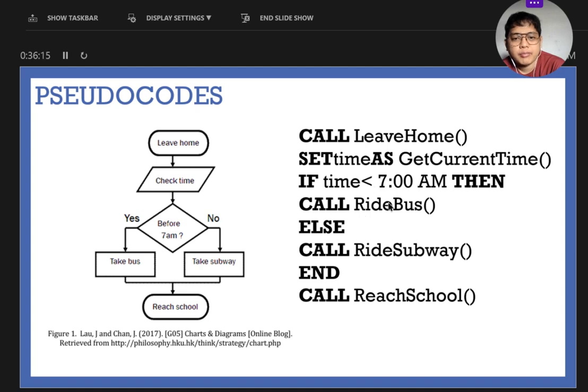If the time is before 7 a.m., then he can call ride bus. Else, if not before 7 a.m., then he can call ride subway. Then we wrote a call function to end the flow. So this is how pseudocode is done using this sample.